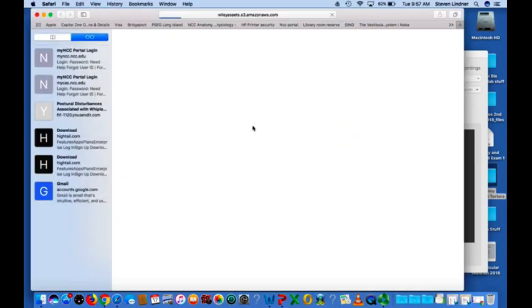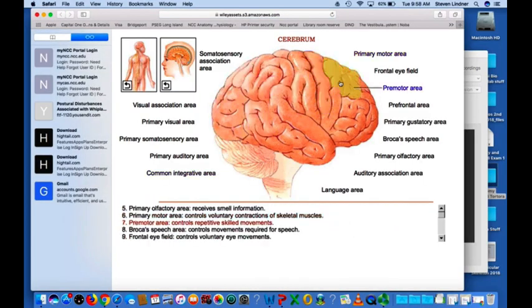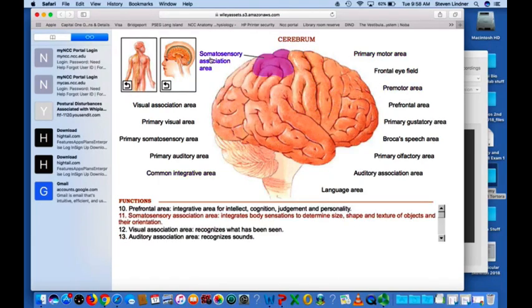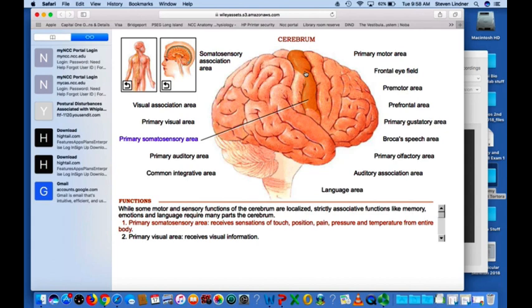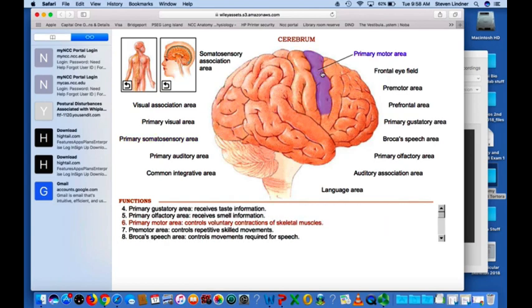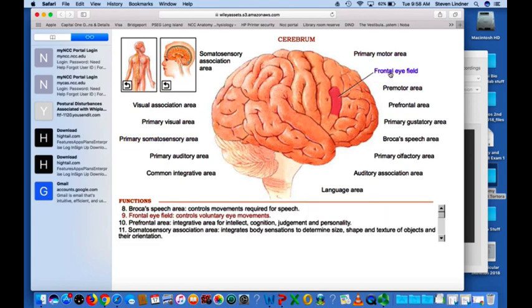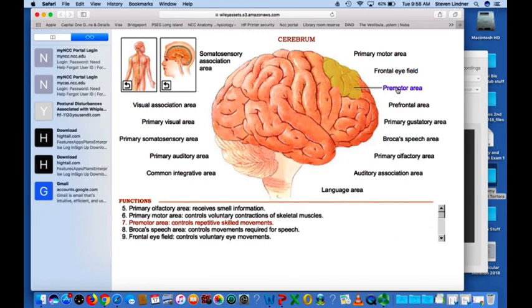Let's take a look at the organization here. The primary motor area, precentral gyrus. Here's the primary somatosensory area. So postcentral gyrus, precentral gyrus. Frontal lobe for frontal eye fields, helping move the eye.